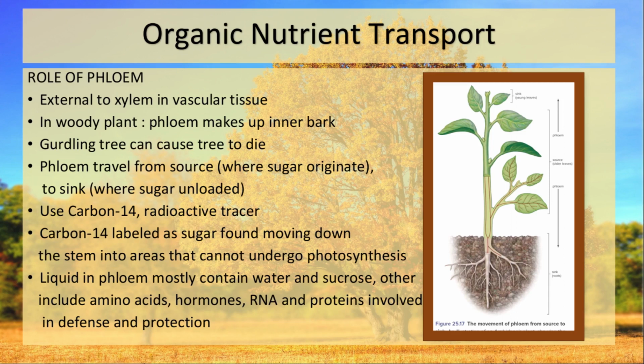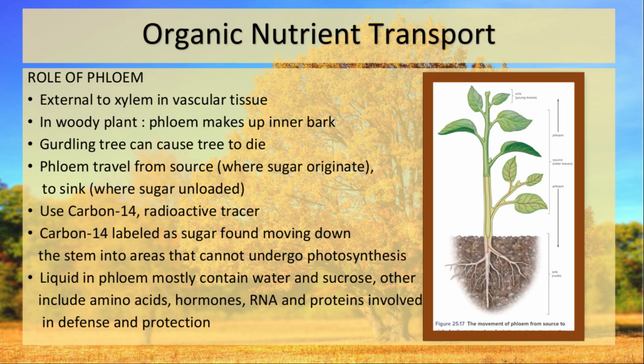The beginning we call the source. The source is where the sugar originates, and the end we call the sink. The sink is where the sugar is unloaded. A radioactive tracer study proves what I said.